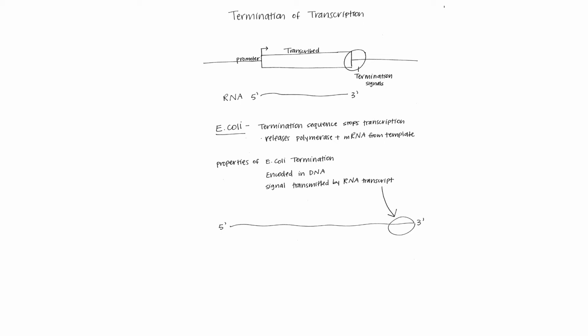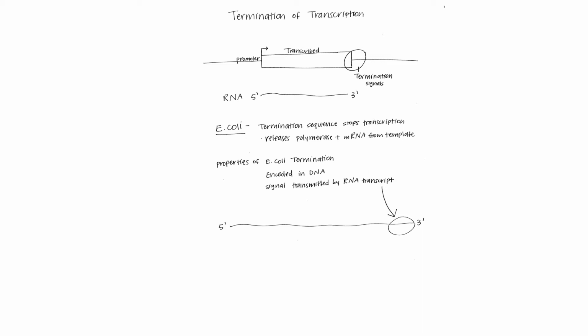And then you end up getting the transcript, which is the RNA molecule, 5' to 3', and that needs to be modified, not in bacteria. It's modified only in the eukaryotes. And we'll talk about those modifications in a little bit.